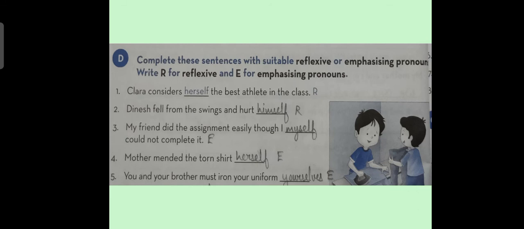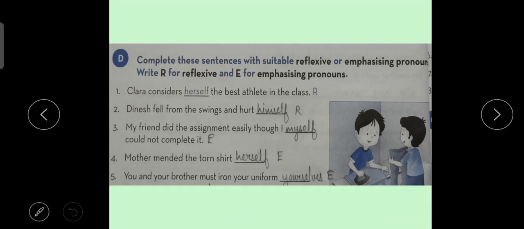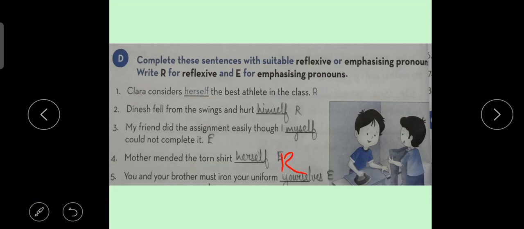Sentence number 4. Mother mended the torn shirt herself. Here we are talking about mother and it is a reflexive pronoun. So we will write R in front of this sentence. You and your brother must iron your uniform.